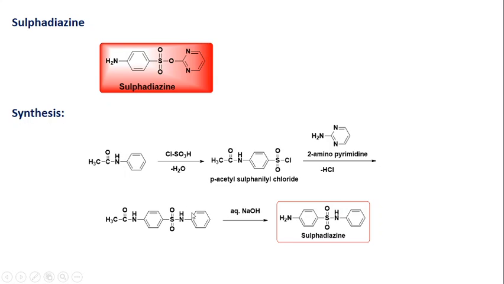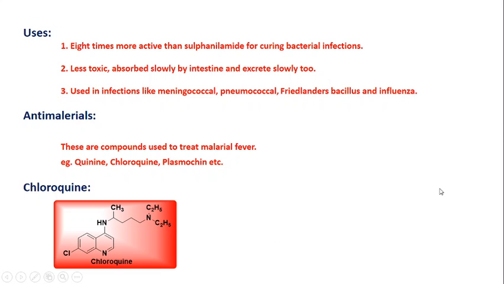After treatment of this N-acetosulfadiazine with aqueous NaOH, the Ac group, the COCH3 group, gets removed in the form of acid and we get the sulfadiazine drug. This is how sulfadiazine is synthesized.